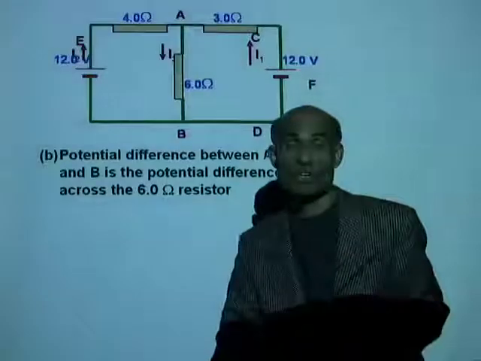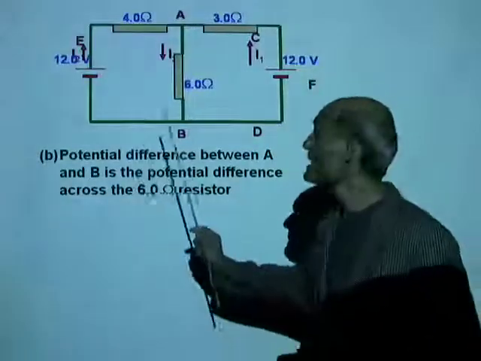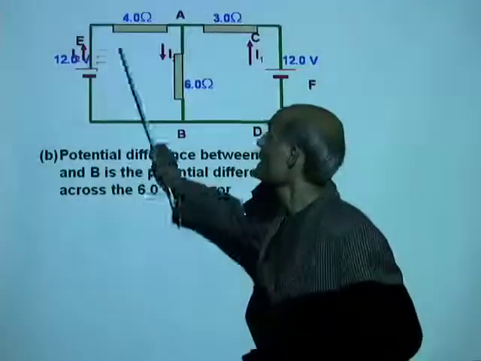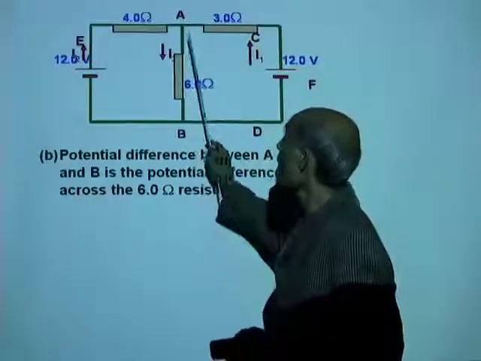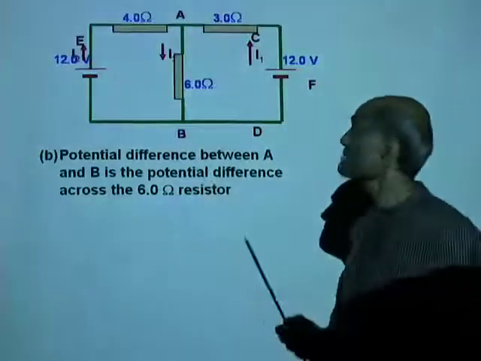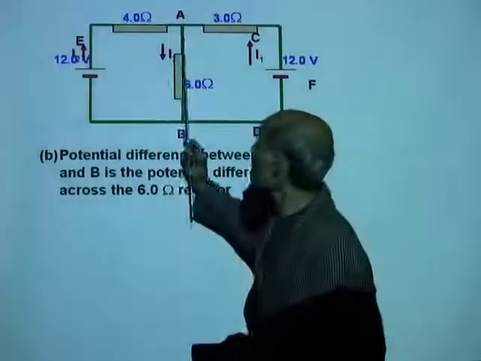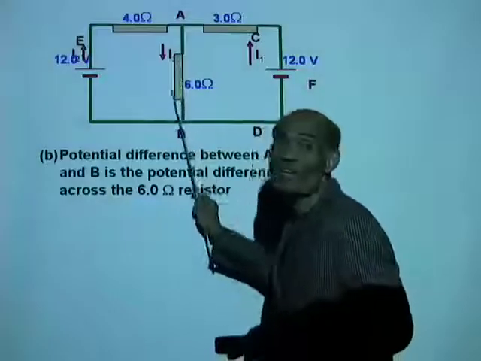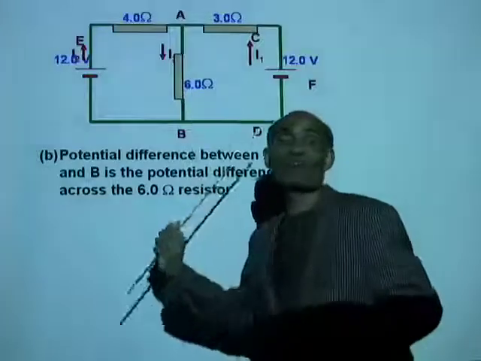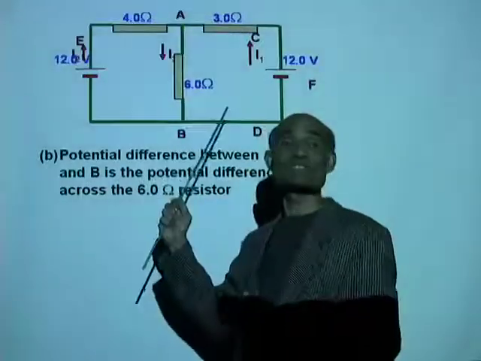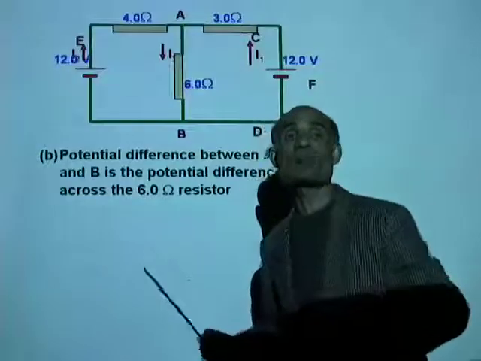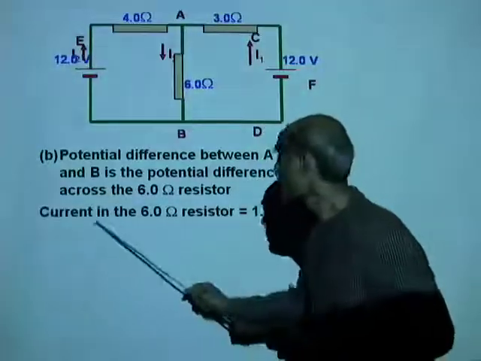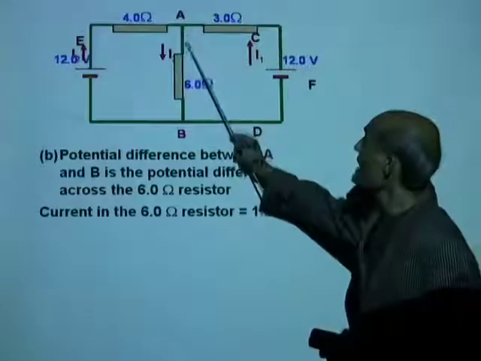Well, we haven't finished. We measured the current in each resistor. We need to find the potential drop across the point AB. Well, potential drop across the point AB is the potential drop across the 6 ohm resistor, which will be V equal to Ri. So current in the 6 ohm resistor is I3.